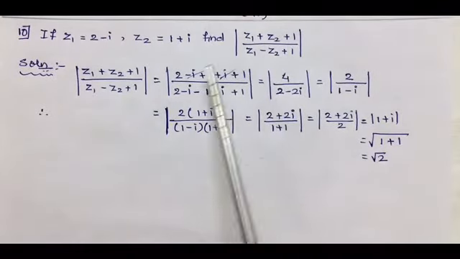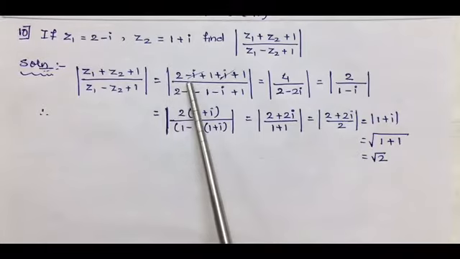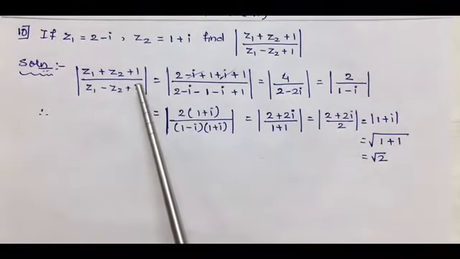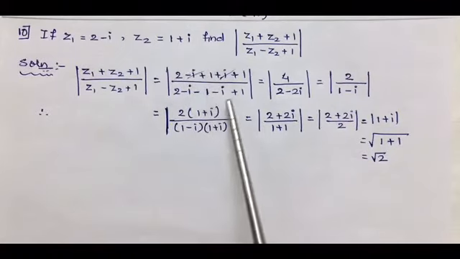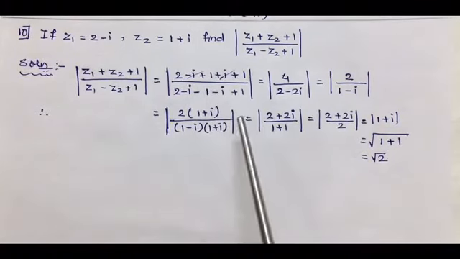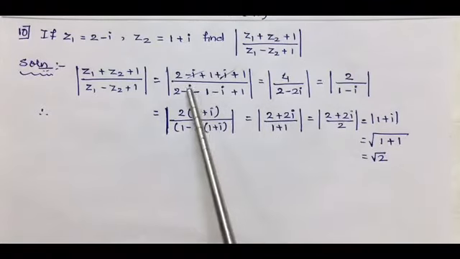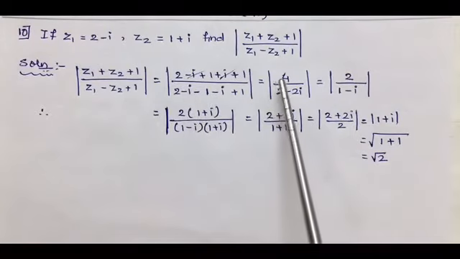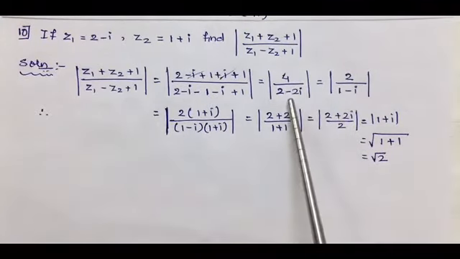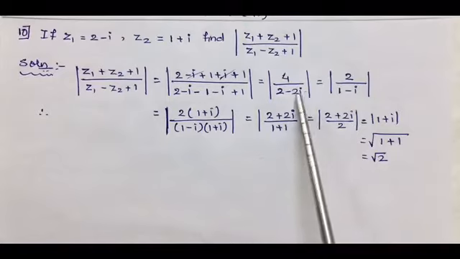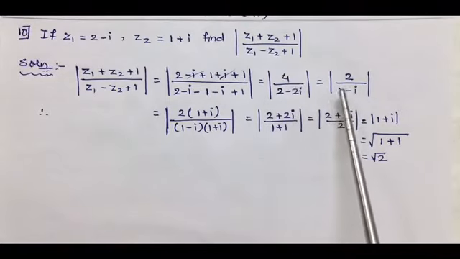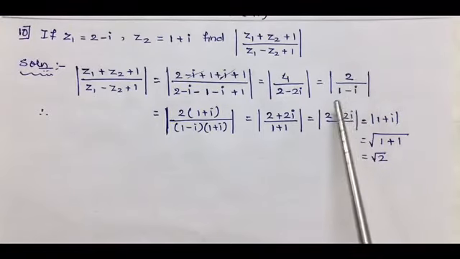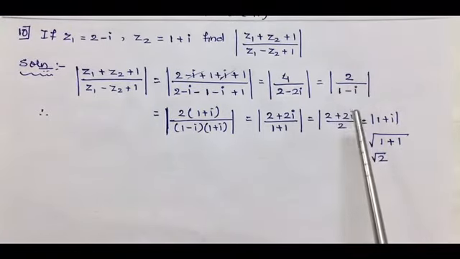Now taking up the mod form and putting the value of z1 as 2 minus i and z2 as 1 plus i and simplifying it, by cancelling the terms, we get mod of 4 upon 2 minus 2i. Taking 2 common and cancelling with 4 makes it mod of 2 upon 1 minus i.